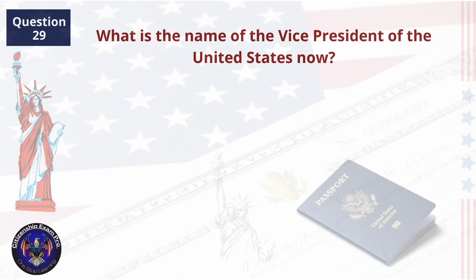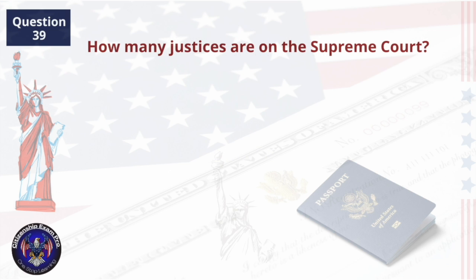What is the name of the Vice President of the United States now? J.D. Vance. How many justices are on the Supreme Court? 9.